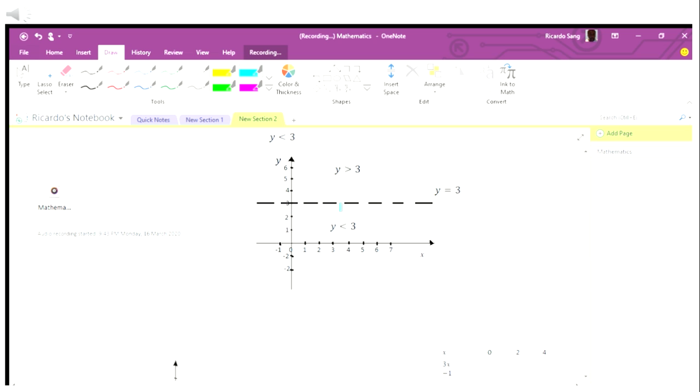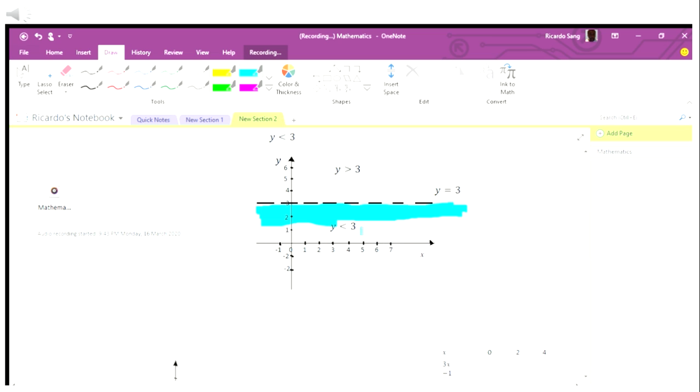Pay keen attention to the graph because you have to go draw yours. And you must know that the line y equal to 3 is a line parallel to the x-axis and cuts the y-axis at the point of 3. If it's y equal to 5, then it will cut the y-axis at 5 and still be parallel to the x-axis. That's how it works.